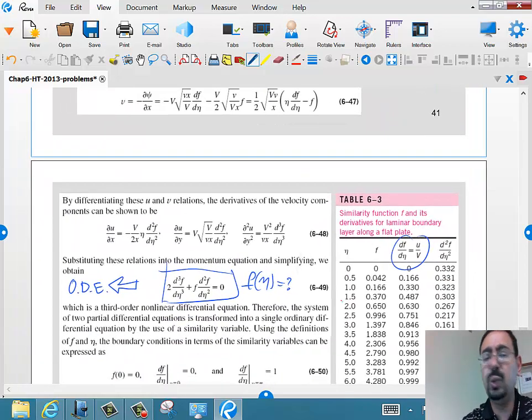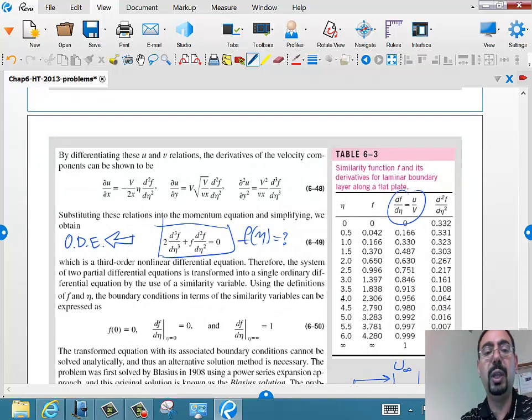And they are solving it using, I mean, it's still a partial differential equation. So they have to turn it into an ordinary differential equation. That's one trick to solve partial differential equations. We know this trick, right? Remember in the unsteady solution, we did this trick. We turned the partial into an ordinary differential equation. So they do this, and the guy who did this is called Blasius. He actually did his PhD on this.